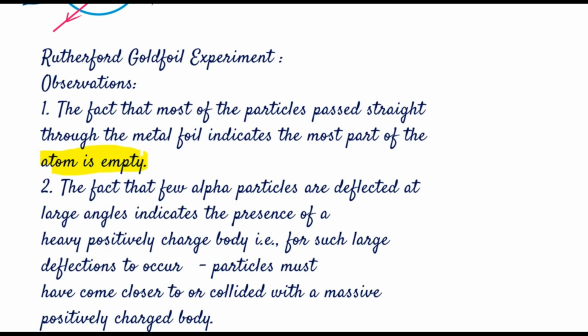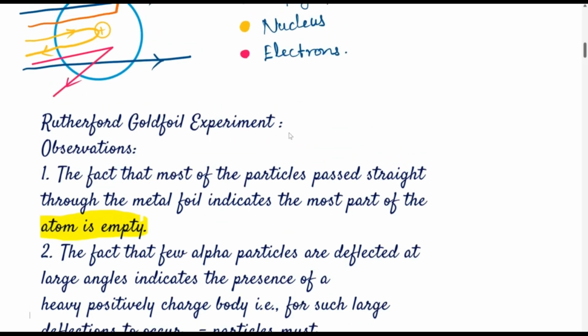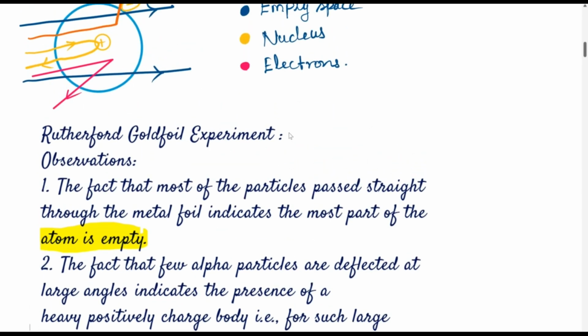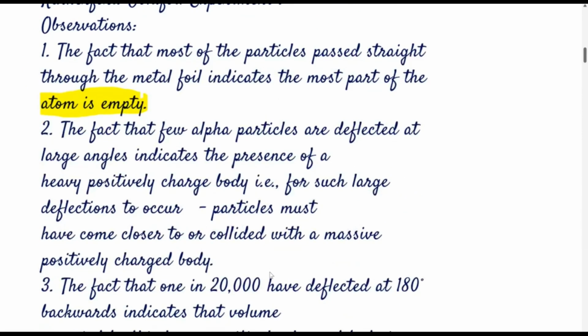Most of the space in the atom is empty, and the second fact is that few alpha particles get deflected at large angles, as you can see here, which indicates the presence of a heavy positively charged body. Large deflection means the presence of a heavily charged body which occupies a small part inside the atom.